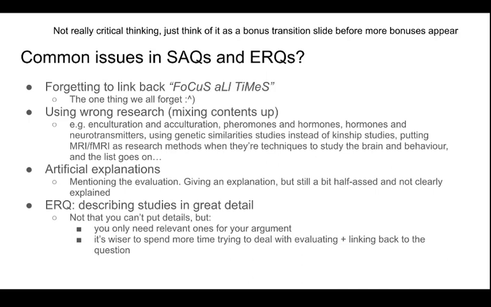Next is a common issue that we can all make when we don't pay attention, which is to use the wrong research or to mix up content. There are a lot of terms in psychology that get mixed up really easily, like the list that I gave: enculturation and acculturation, pheromones and hormones and neurotransmitters, using genetic similarity studies instead of kinship studies, putting fMRI or MRI, the techniques to study brain and behavior, into research methods, and a lot more.